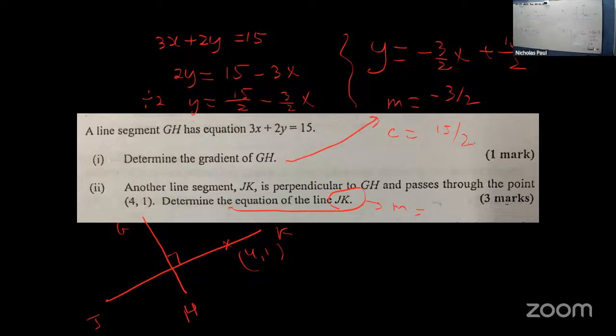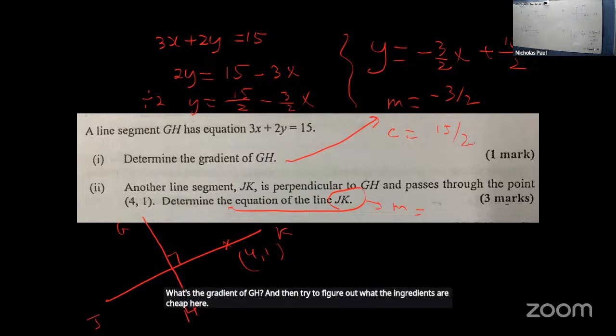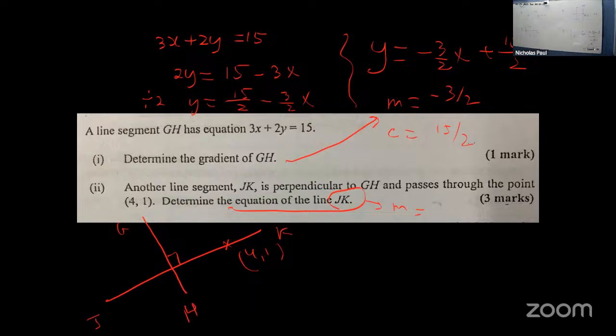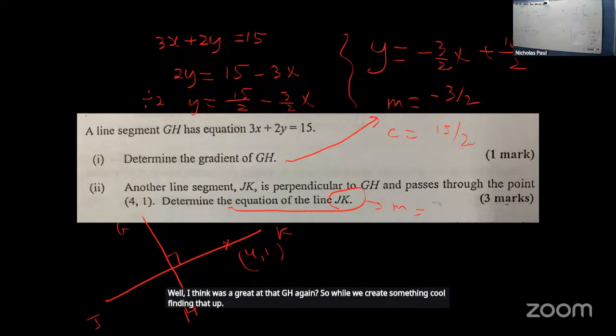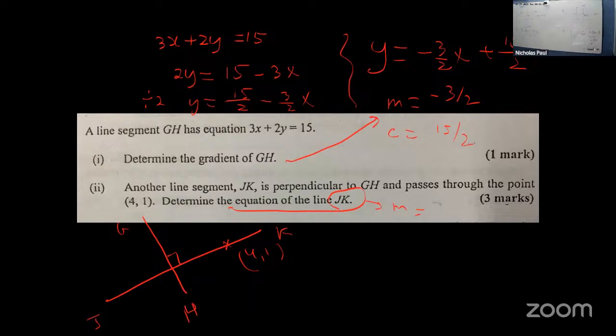What's the gradient of GH? And then try to figure out the gradient of JK. What's the gradient of GH again? Right. So what will be the gradient of the perpendicular? Positive 2/3. Very good. Positive 2/3. And now go ahead and find the y-intercept.